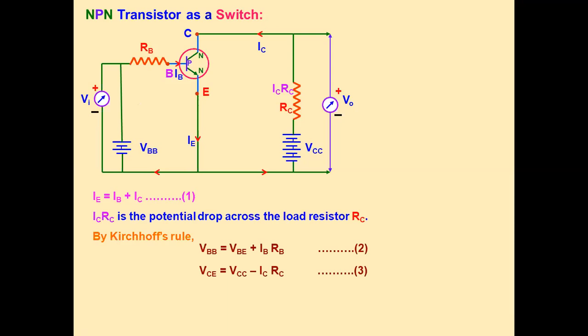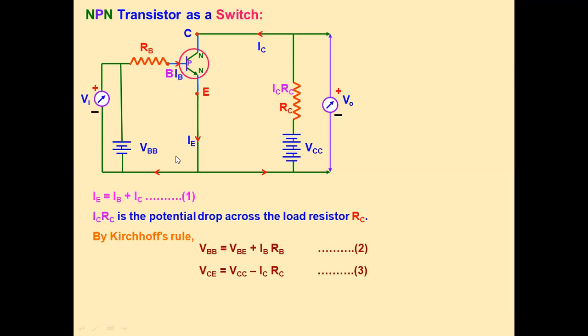When input voltage is equal to 0, the base and emitter junction is not forward biased. So base current and emitter current are equal to 0, meaning this transistor is in off state. Current is not flowing through the transistor, so we can say that this is in the off state.